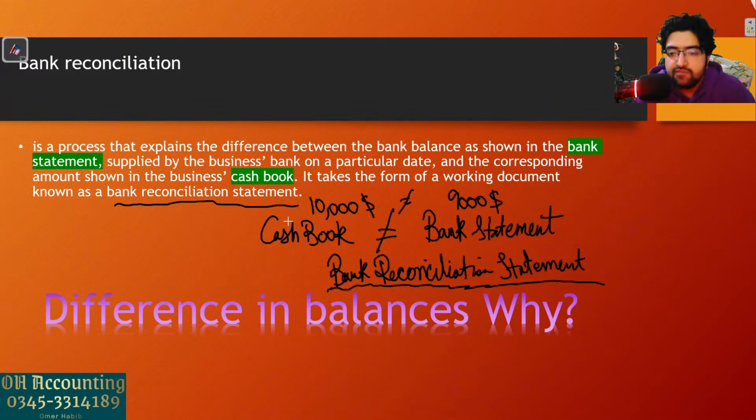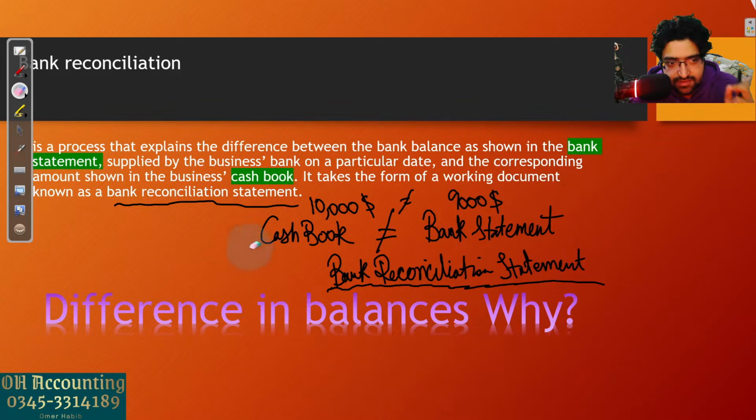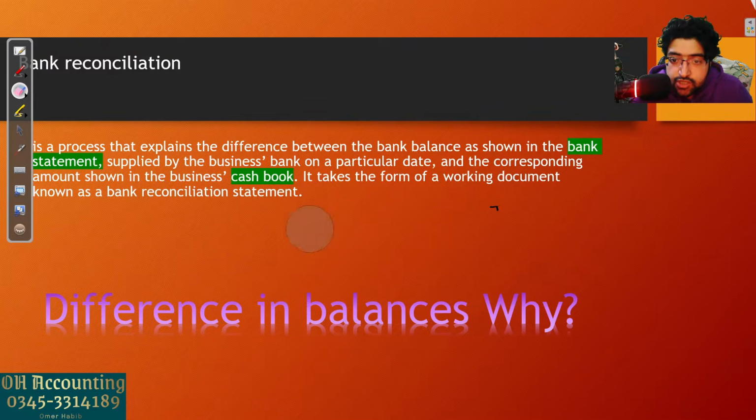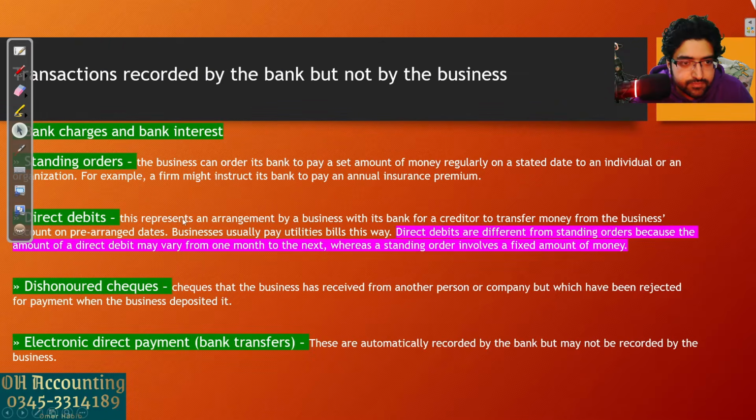In simple words, we will make a statement to compare the cash book with the bank statement and then to find the differences and make them equal in a way so that we understand why there are differences. It's for our understanding only, that we should get the point why the balances are not equal. We should get satisfied at the end of the day. Okay, so let's move on.